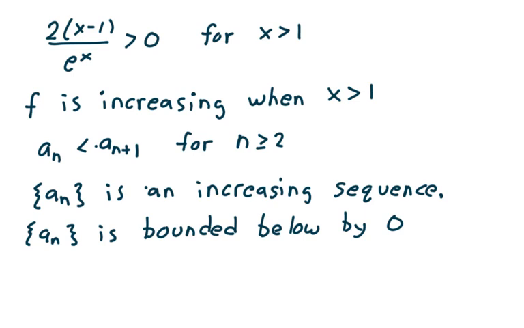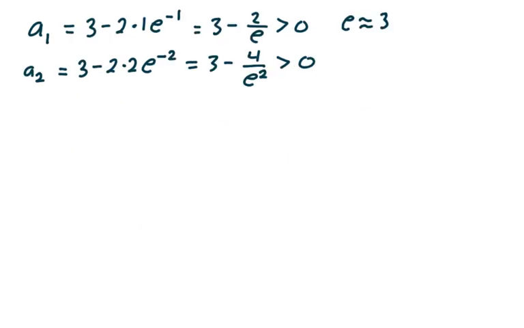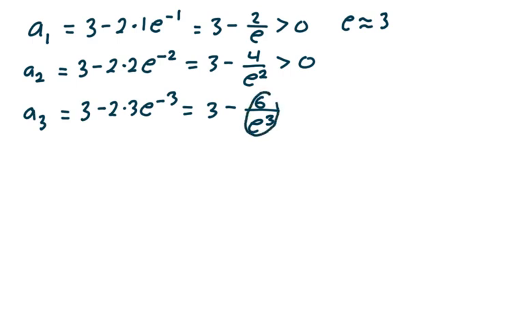And the sequence just keeps getting bigger and bigger and bigger. And so a sub n is bounded above, we can say by, now notice, if we put in a sub 3, we get 3 minus 2 times 3 e to the negative 3, which is 3 minus 6 over e to the third, right? So we're taking 3 and subtracting something positive.